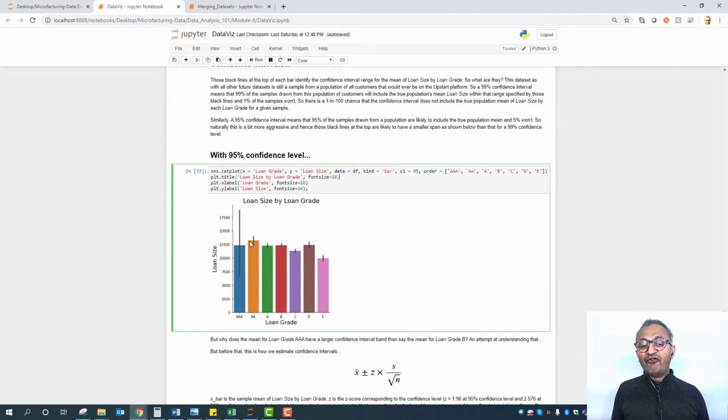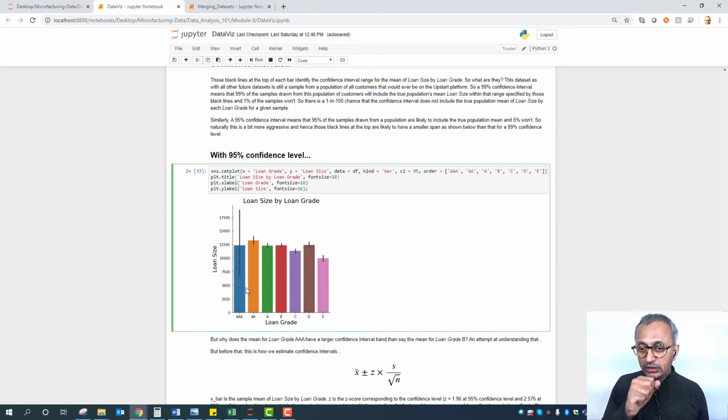Those 5 samples could have a mean below this band, or a mean above that band, which tells us that the population mean is not within this band, it is beyond these bands. That's basically the confidence interval.